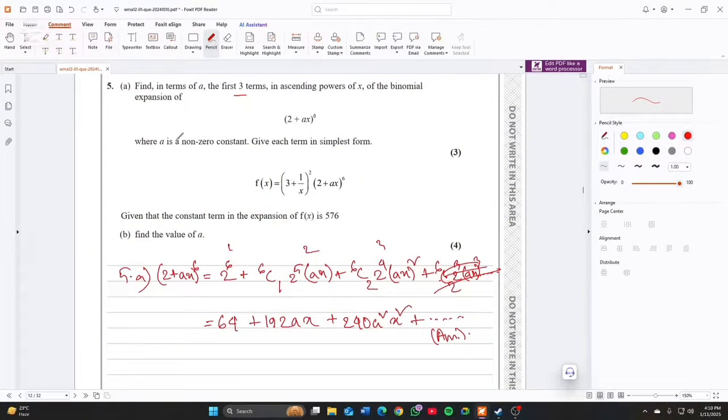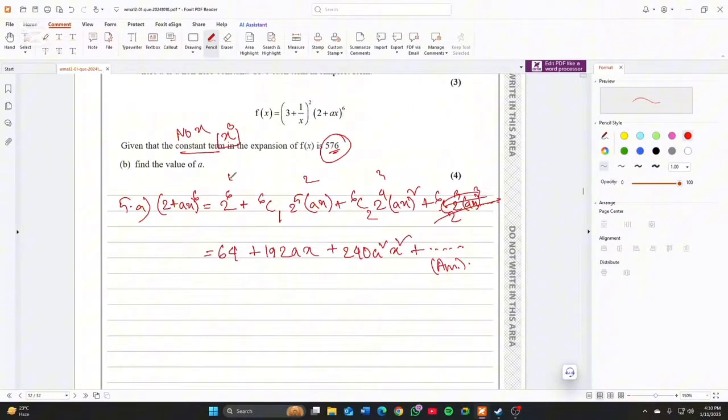Now this is another function that is given, that the constant term in the expansion of f of x is 576. So constant term means there is no x there, which is pretty much similar to x to the power of 0. So we need to find the term that doesn't contain any x variable, and the coefficient of that would be 576, and we need to find the value of a.